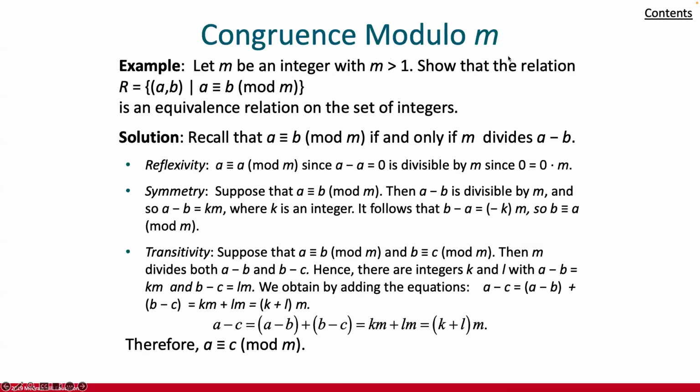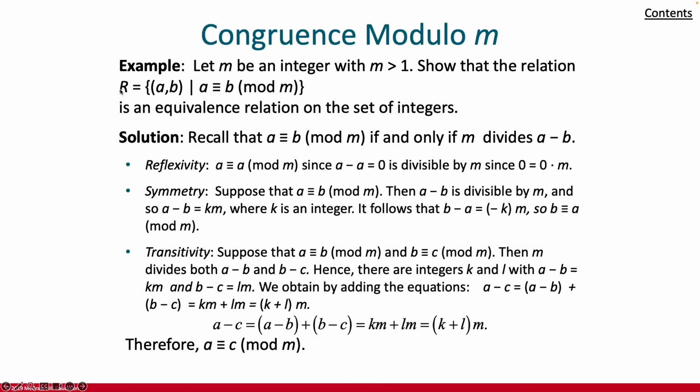Well, what about a congruence modulo M? So you can think like, say, if I was to say 10 minutes or 70 minutes, if it was modulo 60, they would be the same. So let M be an integer with M greater than 1.